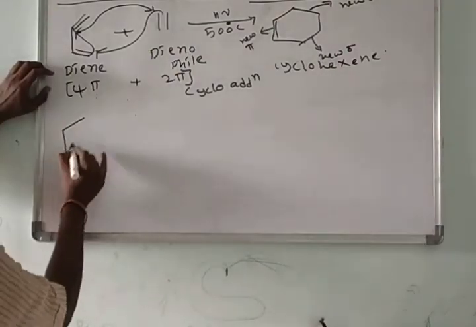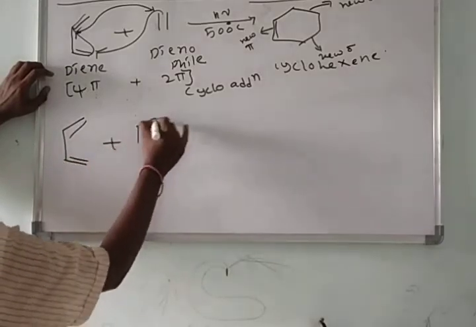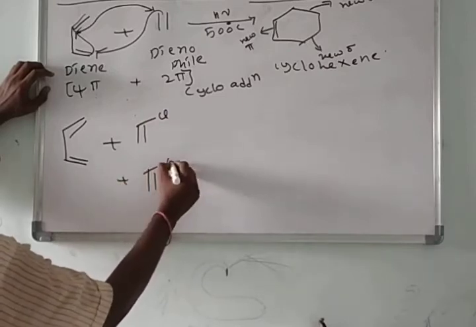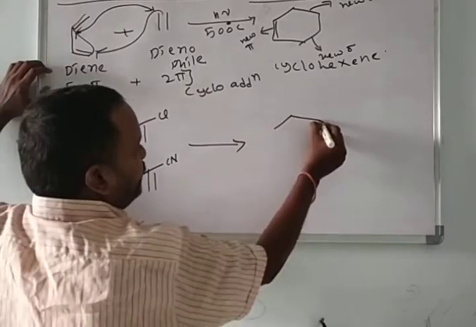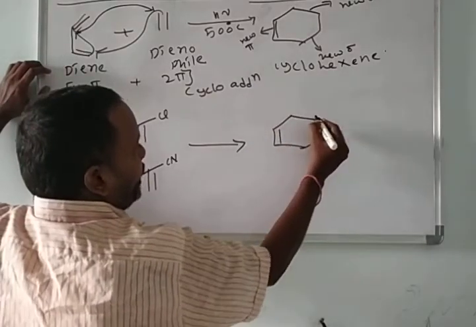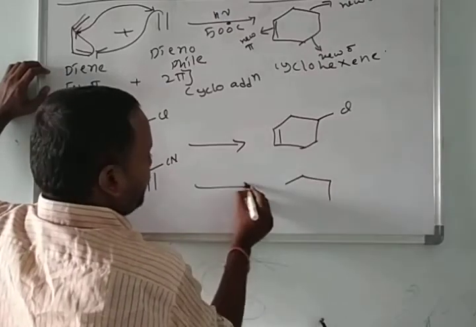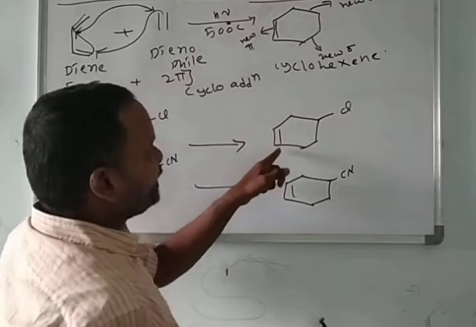If you take 1,3-butadiene and vinyl chloride, or 1,3-butadiene with vinyl cyanide, or any such molecule, we get cyclohexene products. Here we get the chlorine, here we get the cyanide. What is the IUPAC name of this one?